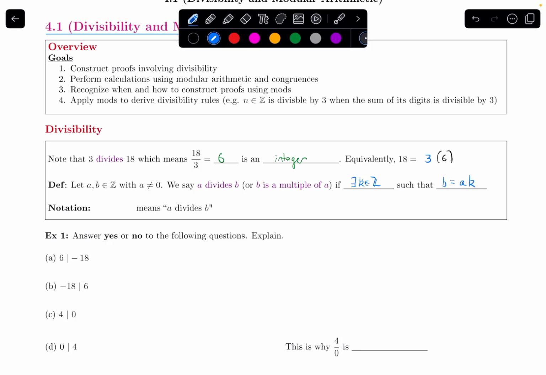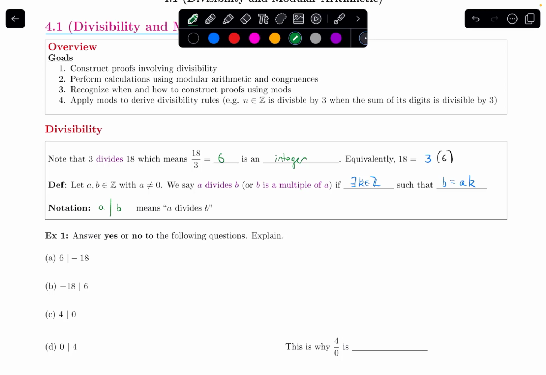So if there's some integer that I can multiply a by to get b, that's what it means for a to divide b, or equivalently for b to be a multiple of a. The notation is a, a vertical line, which means divides, and then b.